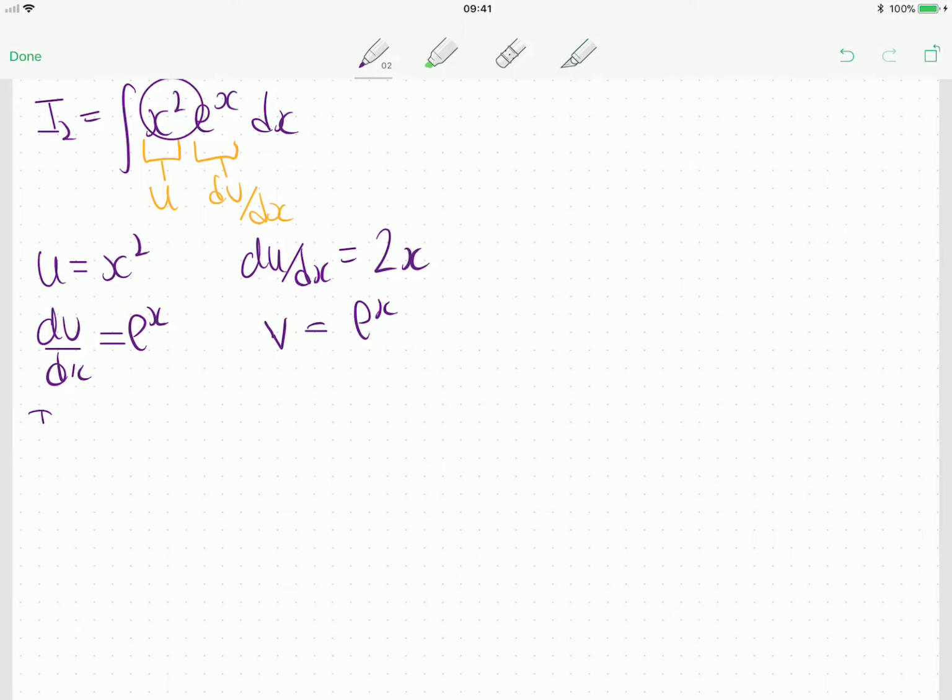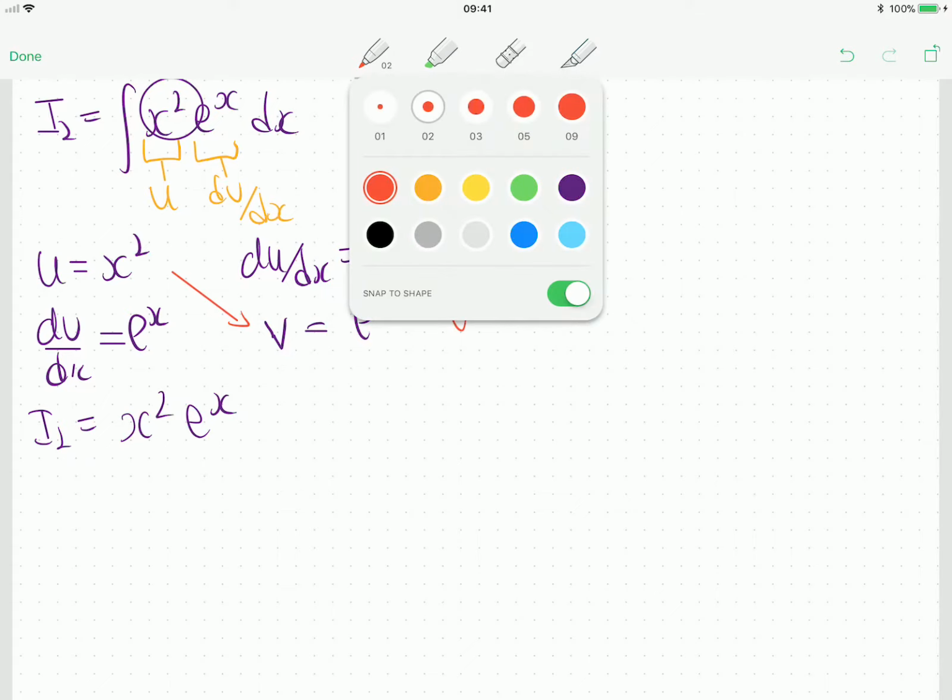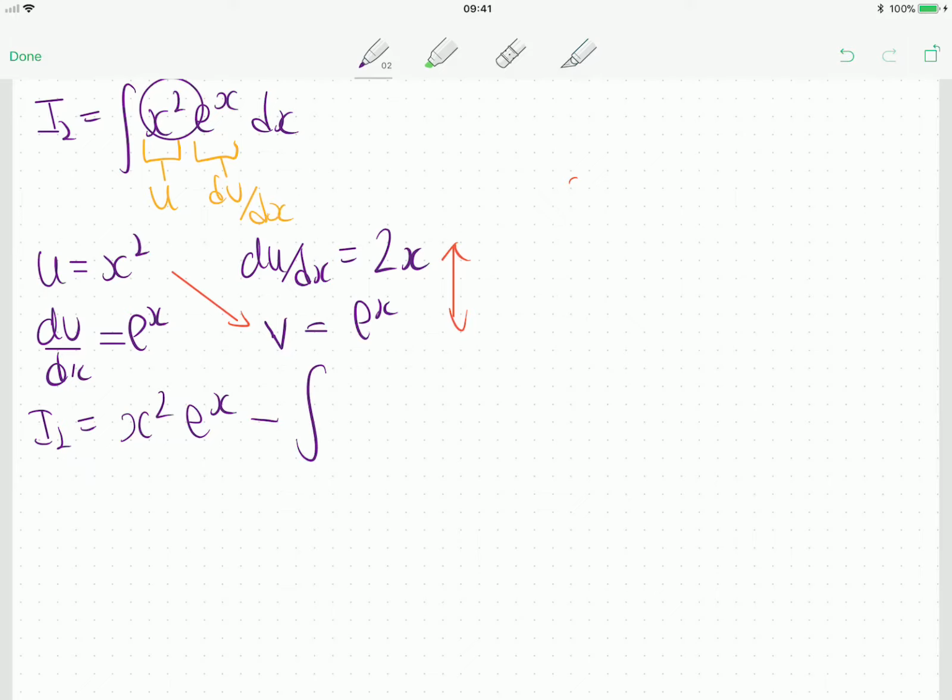If we drop them in, u times v is x squared e to the x. Then I'm taking away the integral of 2x e to the x dx.